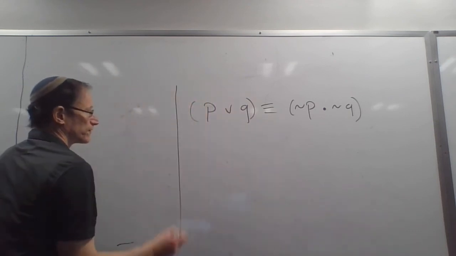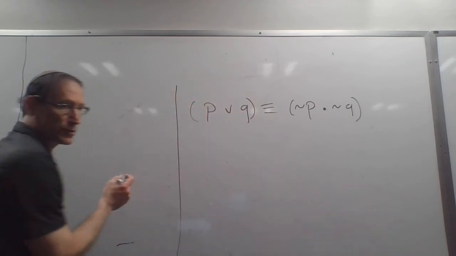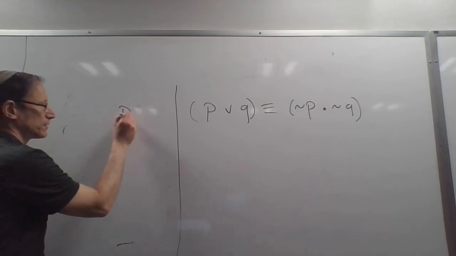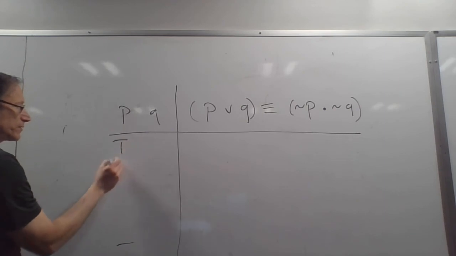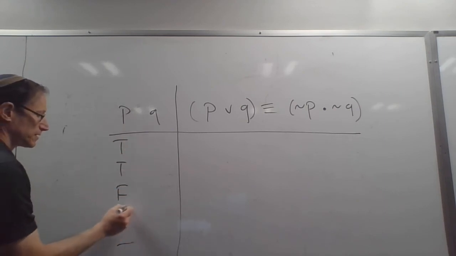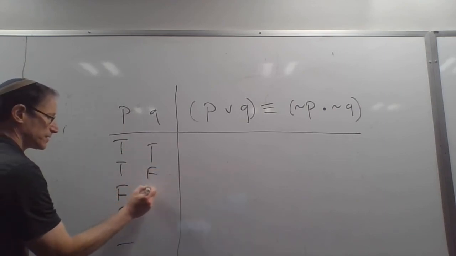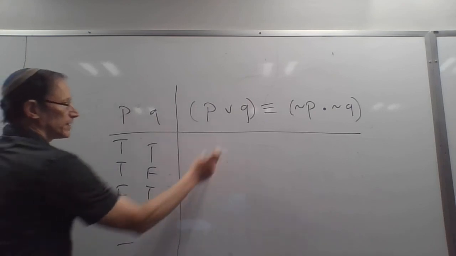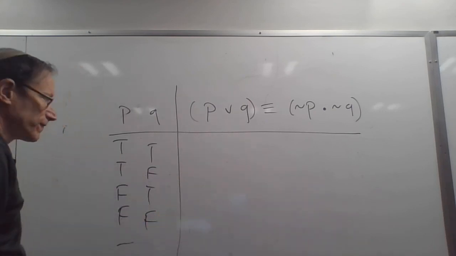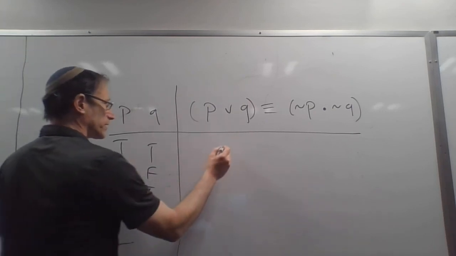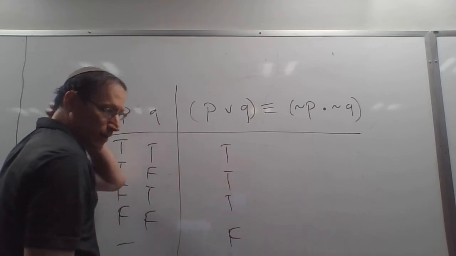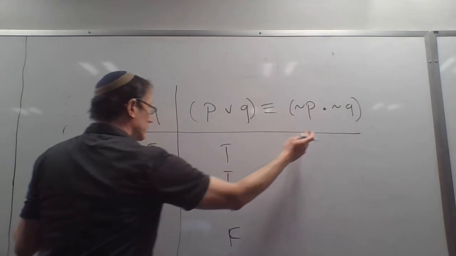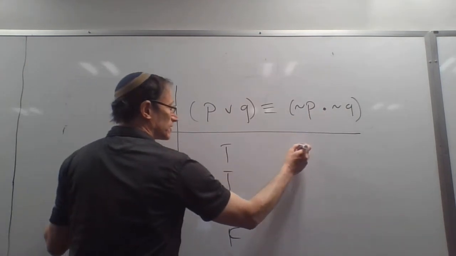Let's do a truth table for this. We have two components, P and Q. We make a cross. We put down the values of the possibilities: T, T, F, F, T, F, T, F. P wedge Q, let's do that first. It's going to be true in all cases except for the bottom one. Now, not P and not Q. I'm going to make it easy for myself.